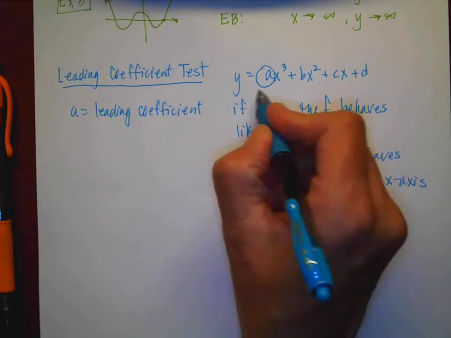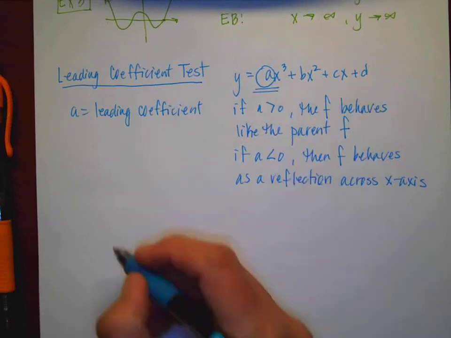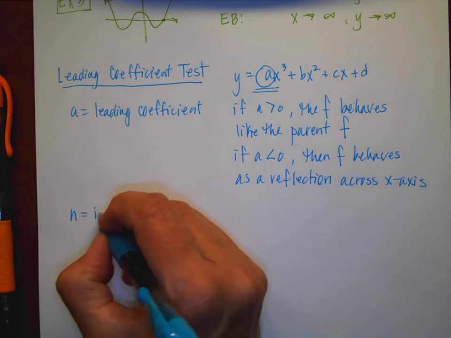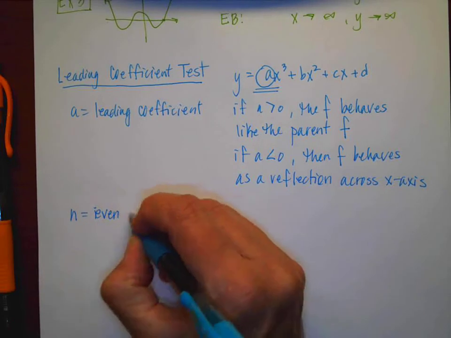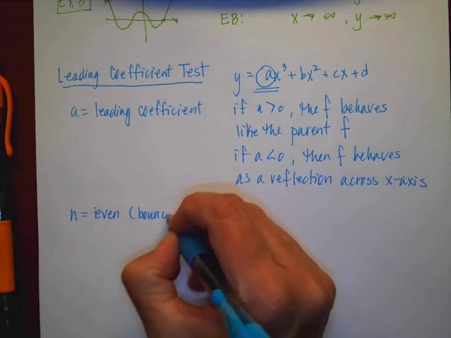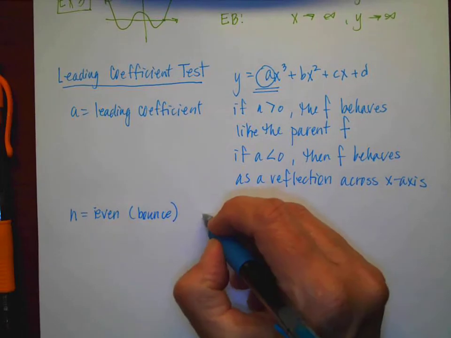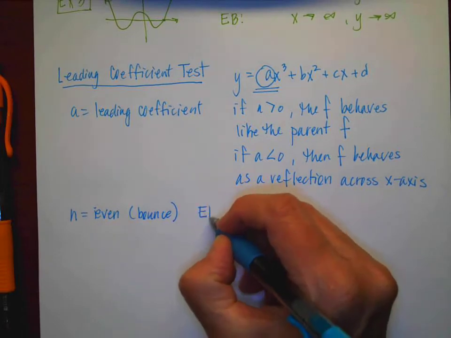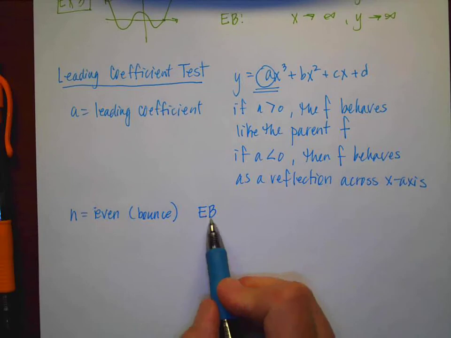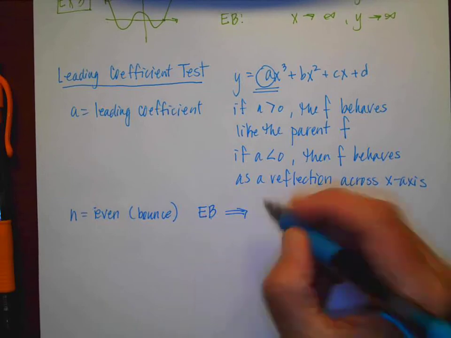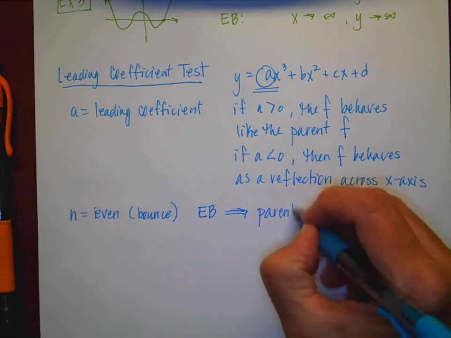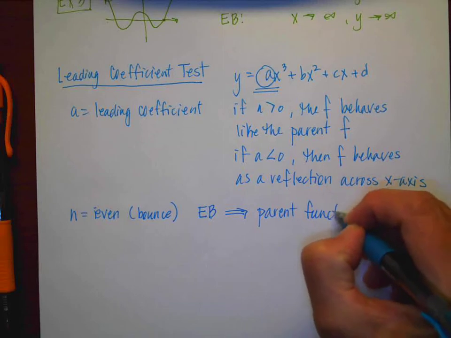We can also talk about the power for the leading term. So if n is even, we talked that that would be a bounce, right? It also means that it affects the end behavior. So the end behavior is going to behave like the parent function.